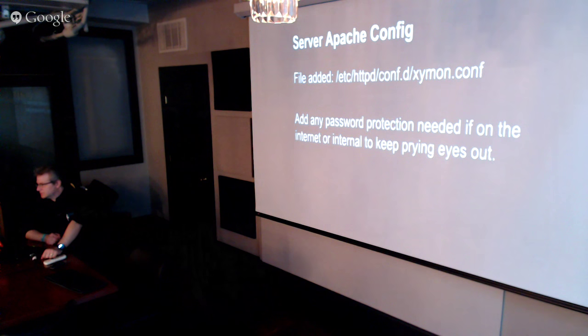Yes, Robert? You added the zone equal public to your firewall. Yes. Is there a way in the command line to find out what zone is currently active? I mean, there probably is.